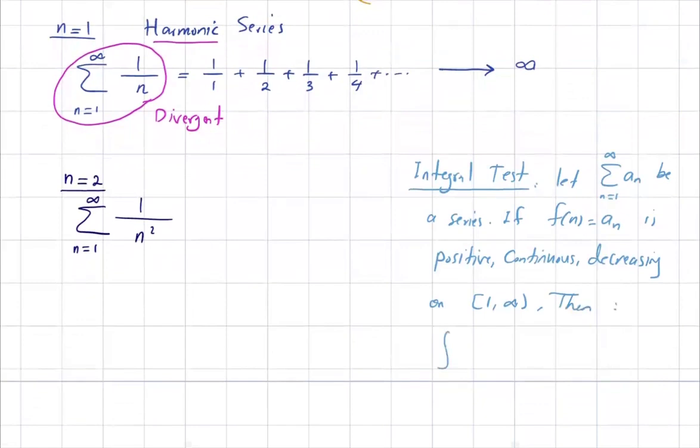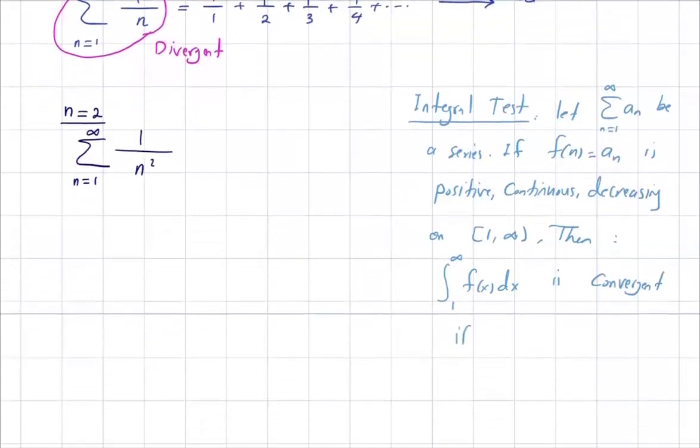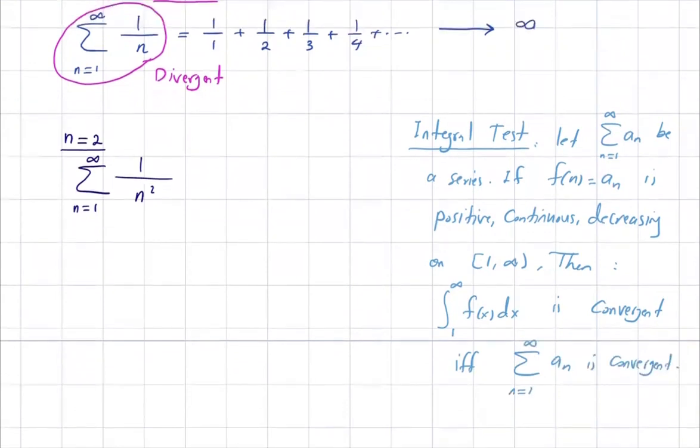The integral of f of x dx from 1 to infinity is convergent if and only if the series of a_n, n starts from 1, goes to infinity, is convergent. So can we apply the integral test here?